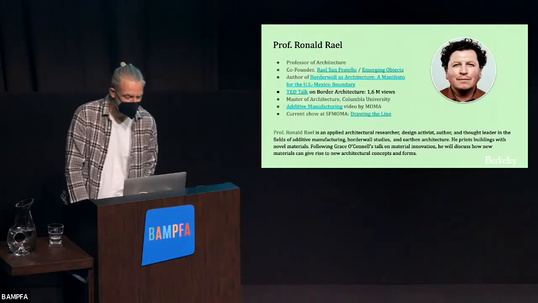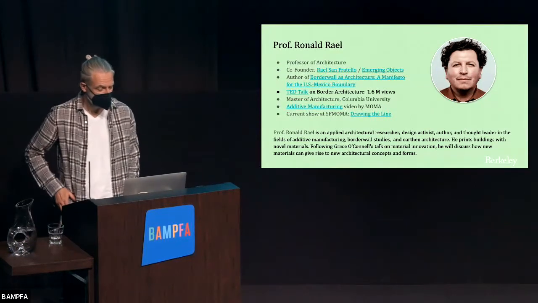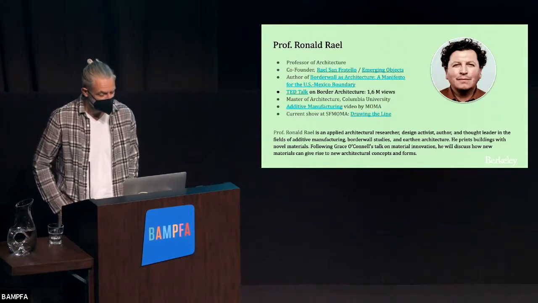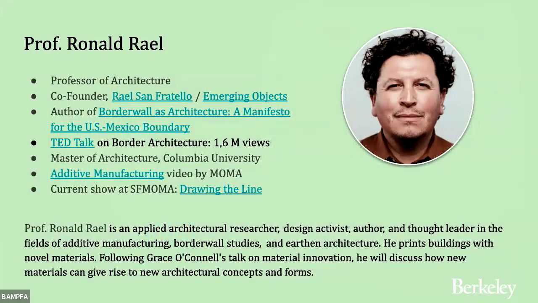So now Professor Ronald Rael is a professor of architecture. He's the co-founder of a studio, Rael San Fratello, with his wonderful wife, Virginia San Fratello, and they have a project called Emerging Objects as well. These are all great links to follow. And he's the author of a very important book called Border Wall as Architecture, a book that reimagined the division of the border wall as a site for meaningful architecture.